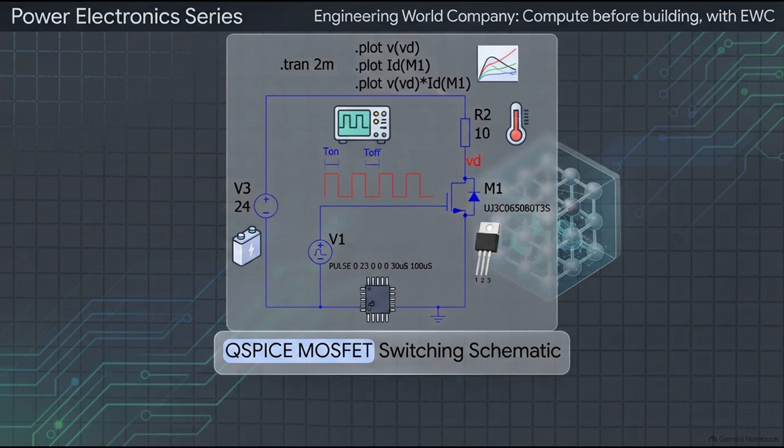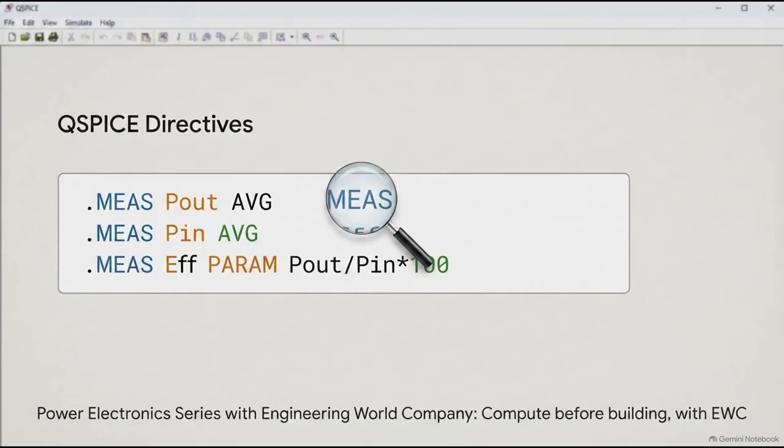Now we've set up a 2 millisecond transient analysis so we can actually observe this repetitive dynamic behavior, but to really understand the efficiency we're getting here, we have to extract the data properly. To do that, we're going to rely on a few specific QSpice command line directives. We execute these to calculate the exact averages. First up, we use .meas Pout AVG, and that calculates the time average of the output power delivered to our load.